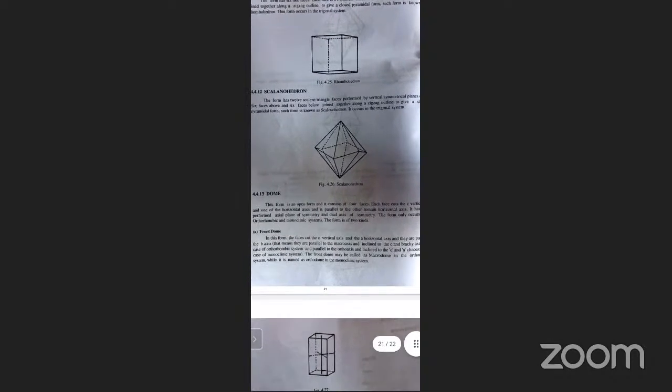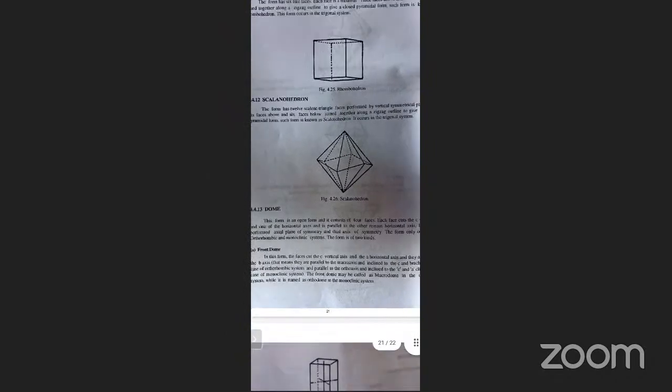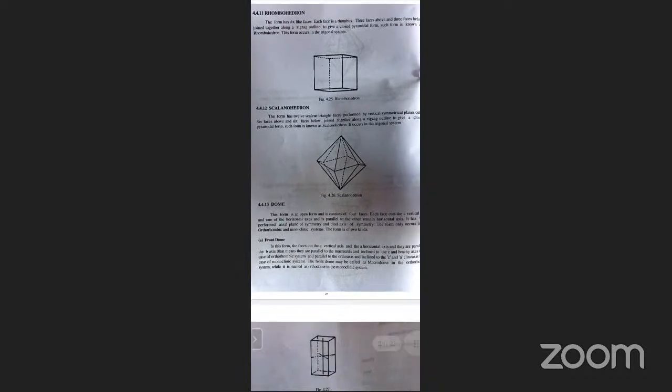They are arranged so that they are joined together along the zigzag line. This is the zigzag line. Along this middle line, the top side of the crystal faces and the bottom crystal faces are joined through a zigzag line.